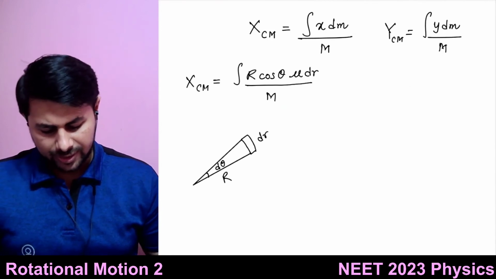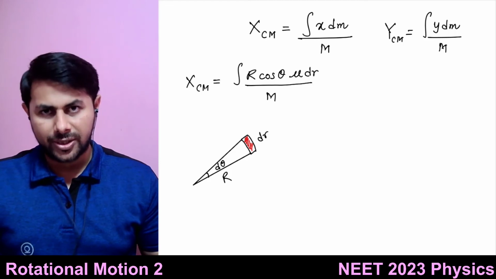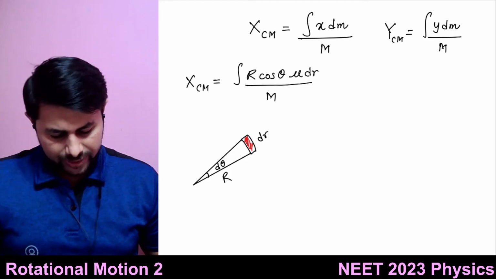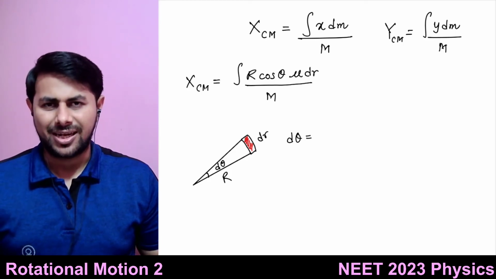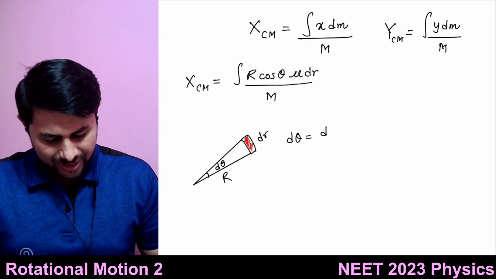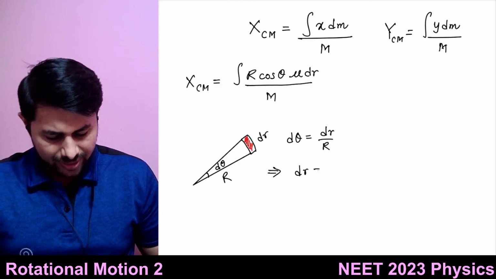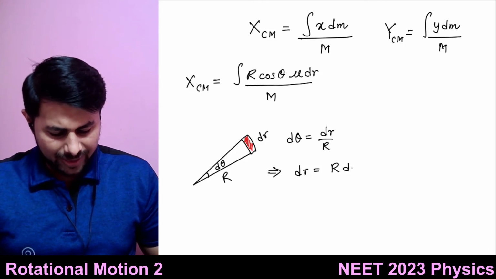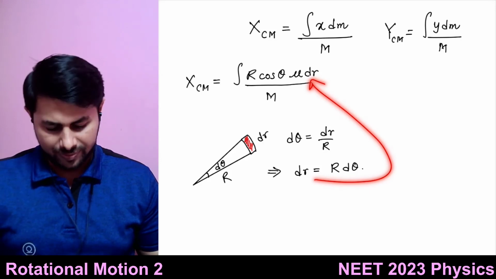We know what arc upon radius is: it is the angle d theta. So d theta is arc upon radius, dr divided by r, and therefore dr equals r multiplied by d theta, and we can substitute that over here.